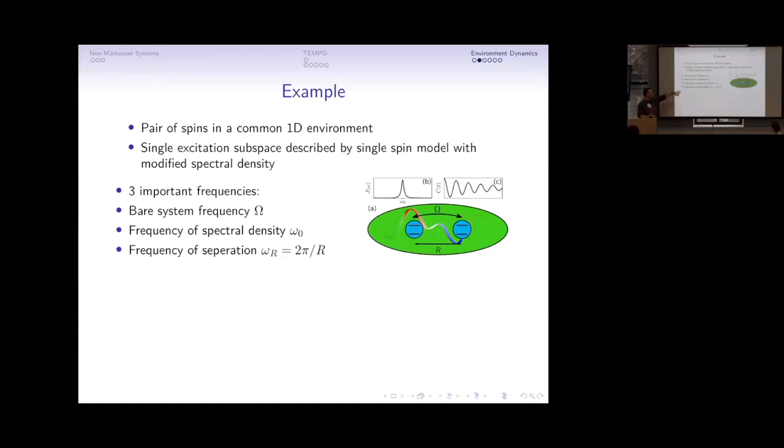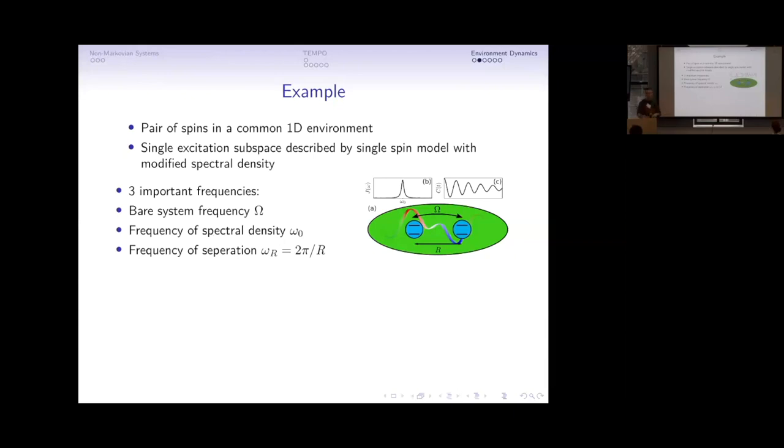And then there's also the frequency associated with the separation between these two things. So there are excitations which travel at the speed of sound between the first two-level system and the second two-level system. And so the frequency of that separation gives another frequency scale in the problem.